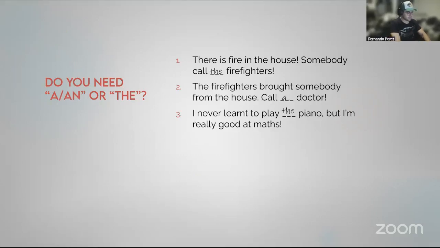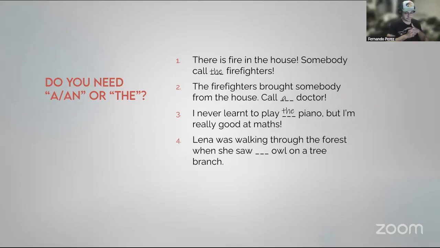Okay. The next one. Karen. Lena was walking through the forest when she saw an owl on a tree branch.